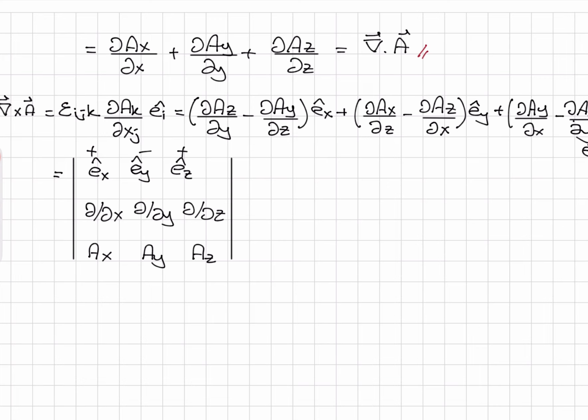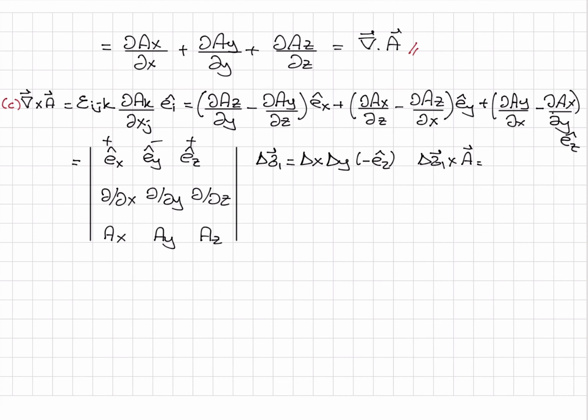All right. And let's also remember our delta sigma 1 vector. Delta sigma 1 vector was delta x, delta y in minus ez hat direction. Then what is delta sigma 1 cross product with vector A? This will be the determinant we have to work on.